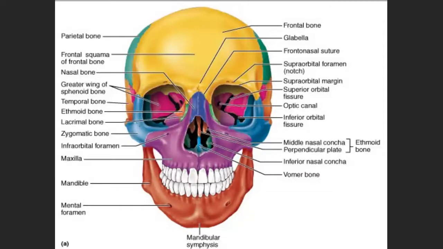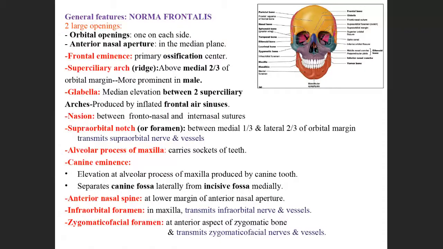This one, the most prominent part between these two supraorbital margins. It is the median elevation between the supraciliary arches, in between these two areas. So or else you can also remember it as the midpoint between your eyebrows.